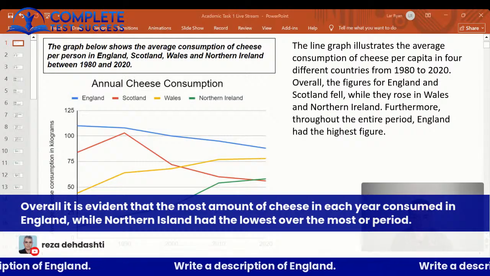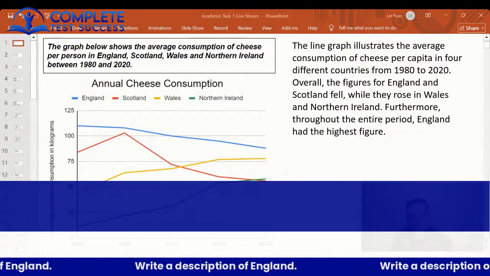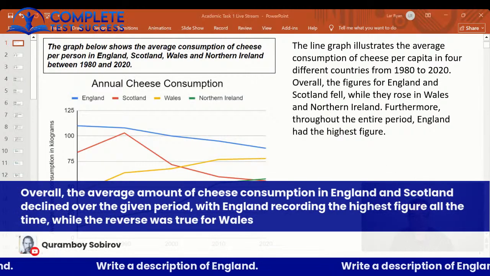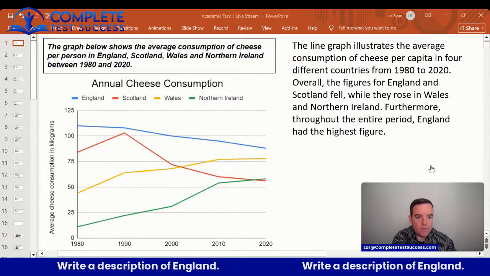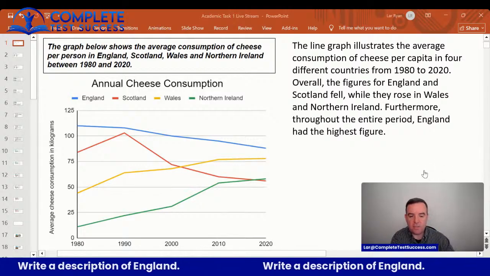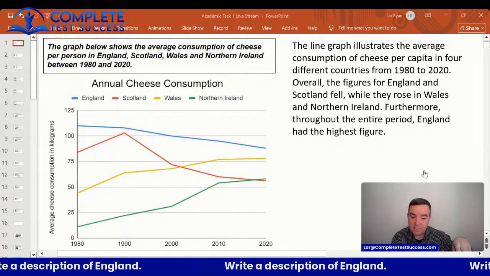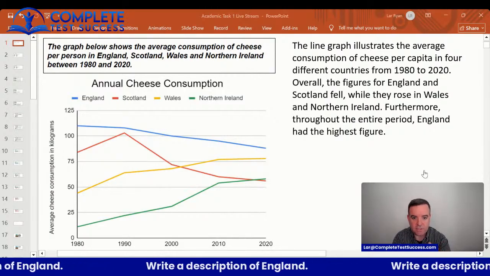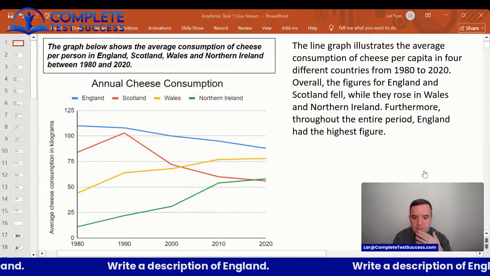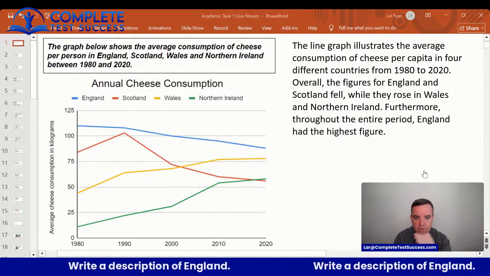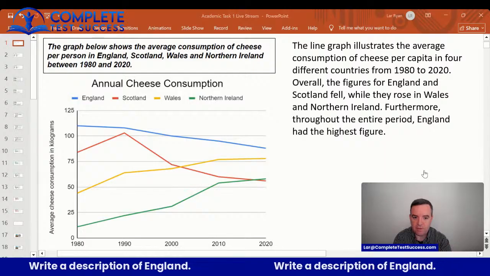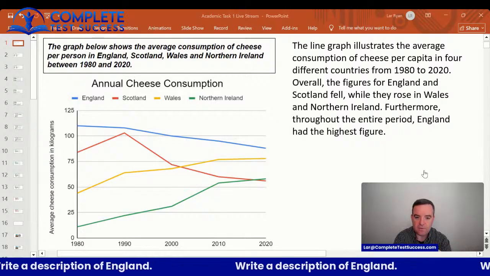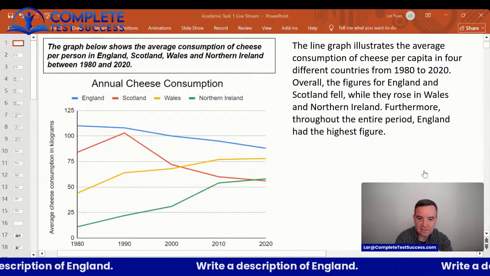You see, and this is why I would recommend that when we're looking at a dynamic chart, that you would discuss the increases and decreases, because it can get complicated. Some dynamic questions, it's fine saying highest and lowest, but it's not very clear when you say Northern Ireland was the lowest for most of the period. So it's like, okay, well, which one was lowest when that wasn't the lowest?